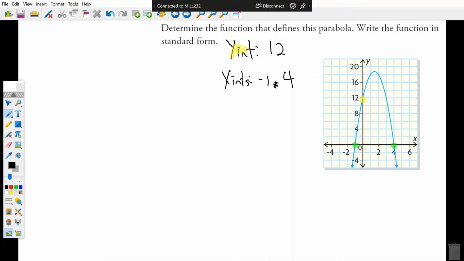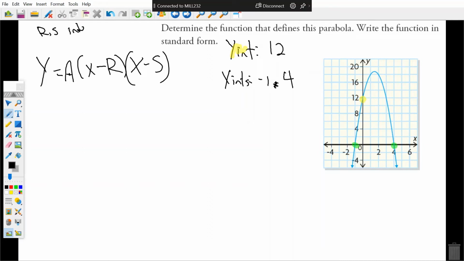Now, let's go to our factored form of our equation. y equals a times (x minus r)(x minus s). If you remember, r and s are the x-intercepts.